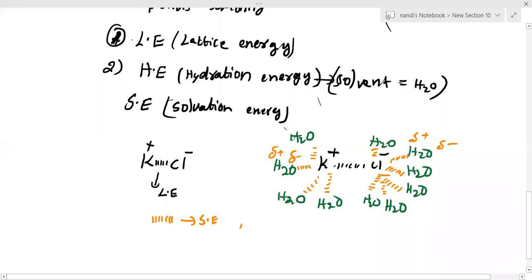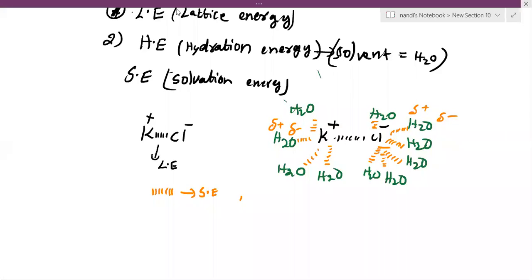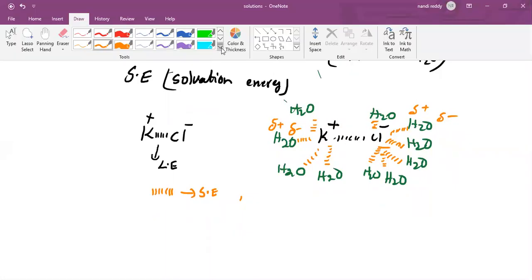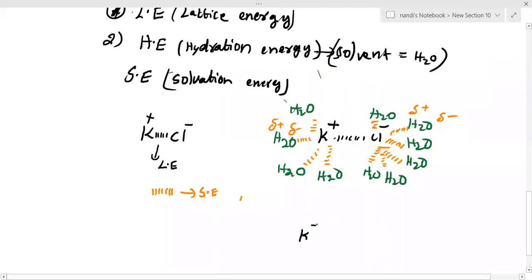Otherwise, if the orange attraction dominates over the black color, they can come out. Assume that. Orange color attraction is dominated. Clear?